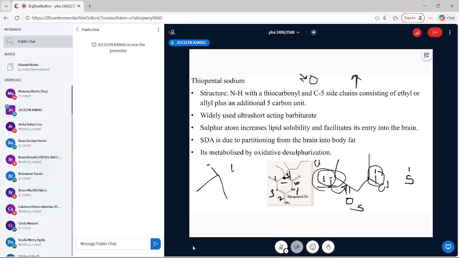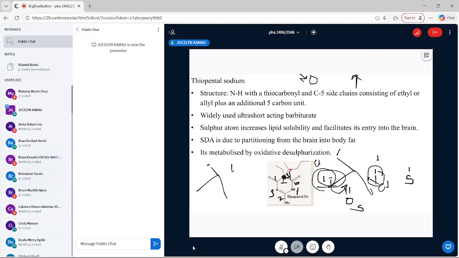Now, when you look at thiopentosodium, it is very important that the two hydrogens, as I have said, that are found in barbituric acid have been substituted. You can see that is a 1, 2, 3, 4, 5. If you look at that group, the whole of it on its own is a pentyl group.